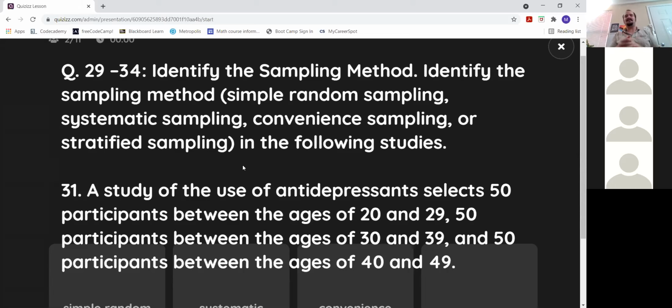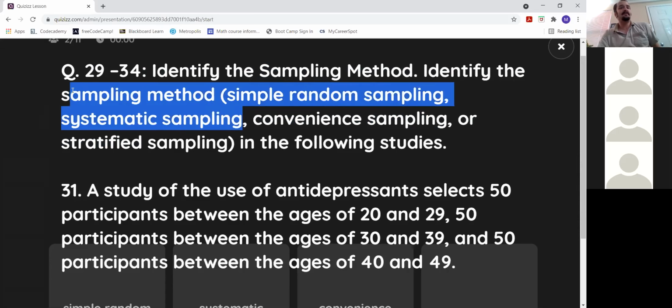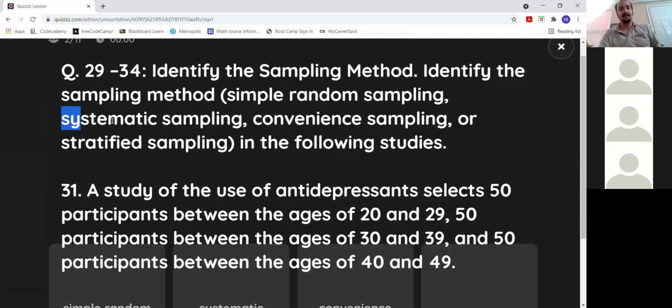I talked a bit about this, but going through them right quick. Simple random sampling is like you choose a computer program, you number people 1 through 6, and you roll a dice. You have people pick a card out of a deck if you have less than 52 people, and you randomly draw one. Everything should be equally probable. That's what that word random means. Like when I roll a dice, each side has an equal chance of coming up. Systematic sampling is when we choose a really simple system, so every third, every fourth, every fifth, every 10th, something really simple like that.